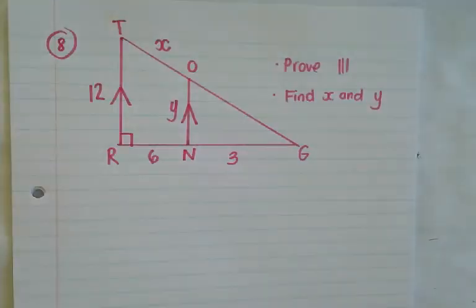Giving you another triangle on top of a triangle. There is no missing information, it's missing on purpose. So OG is missing on purpose.